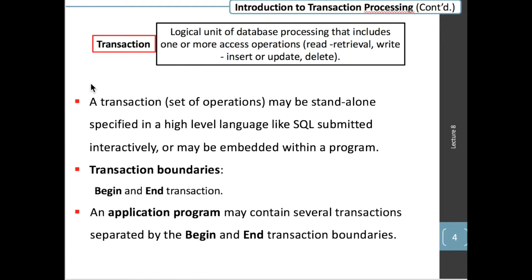A transaction is a set of operations, read, write, commit, whatever, which may be written in a high-level language like SQL, or embedded inside a program, but the main purpose is to access my data, either read or write or any other operation.